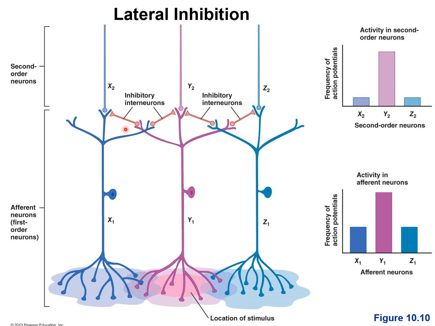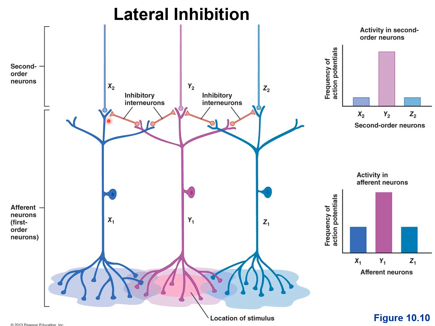And so when this pink neuron has action potentials going on and communicating to these inhibitory neurons to the side, they're going to be sending signals to decrease the amount of neurotransmitter that's released by these blue neurons to the lateral sides.